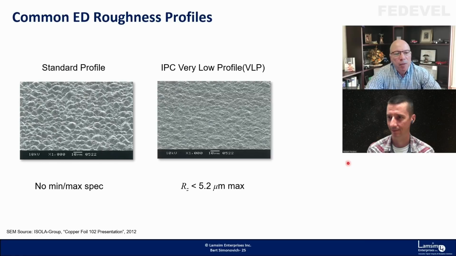The IPC along the way developed a spec for a VLP type copper foil, and this is the profile of a VLP foil. They had a roughness of Rz less than 5.2 microns maximum. So for a VLP it was less than 5.2 microns.